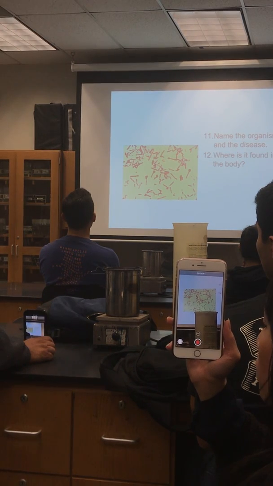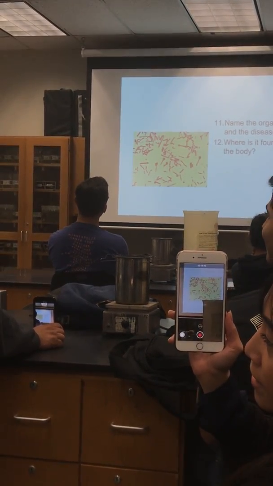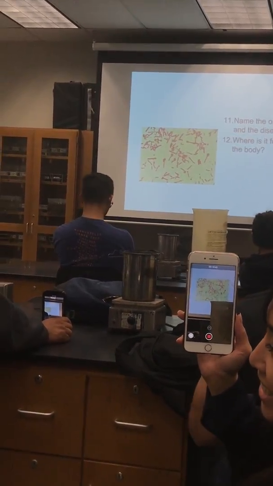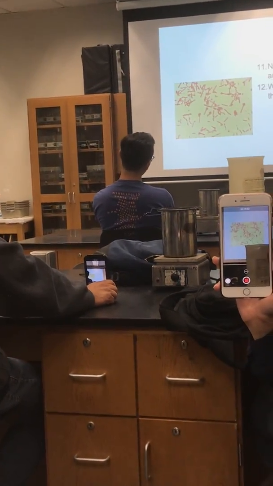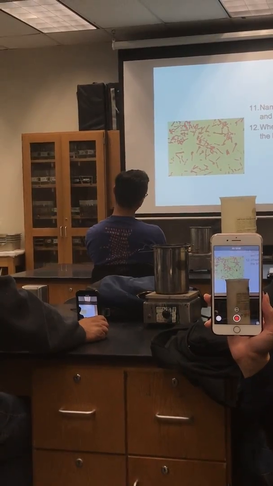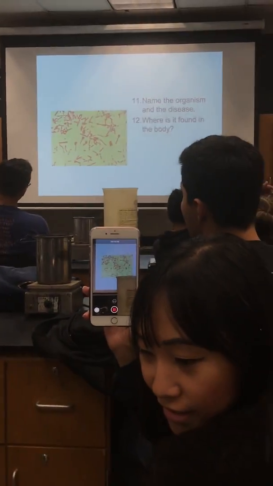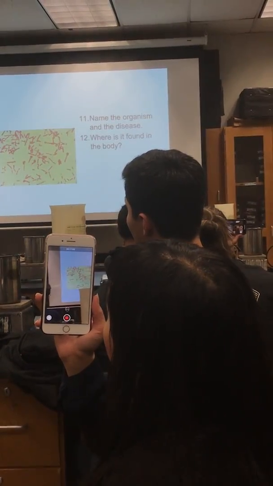What's the tetanus one called? Just saying "the tetanus one" is not going to cut it on the practicum. Clostridium tetani. Okay, where is it found in the body? It's usually in a wound.